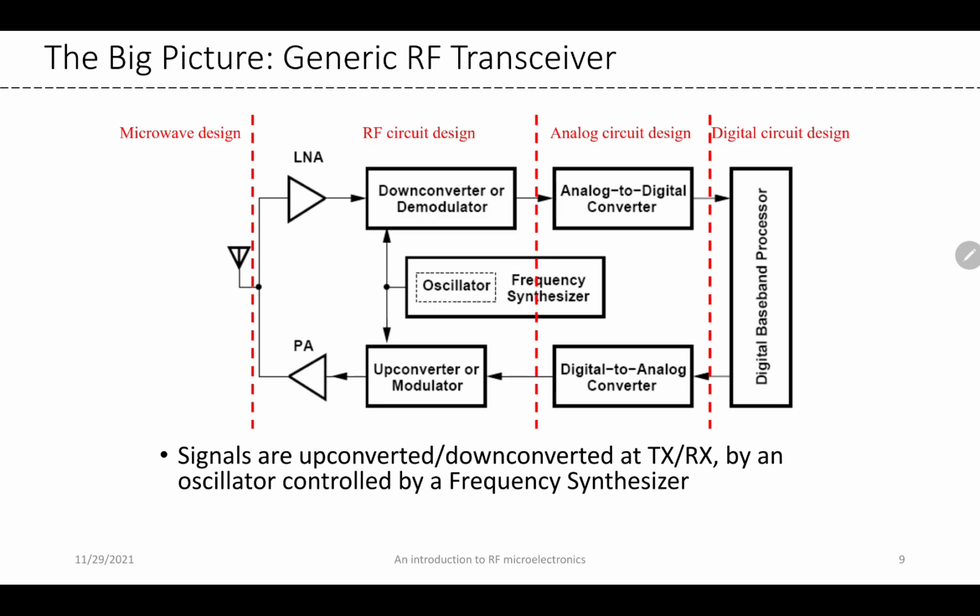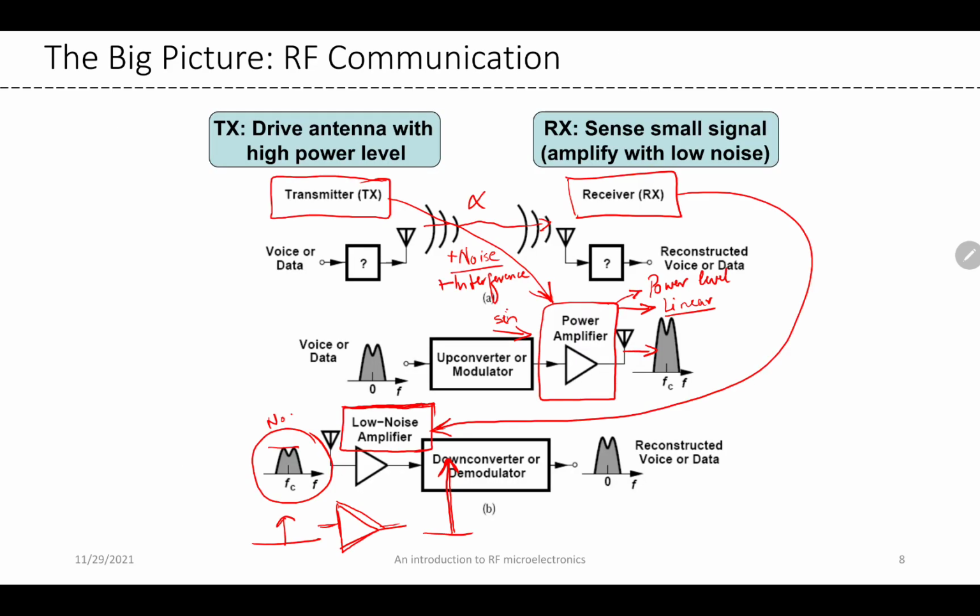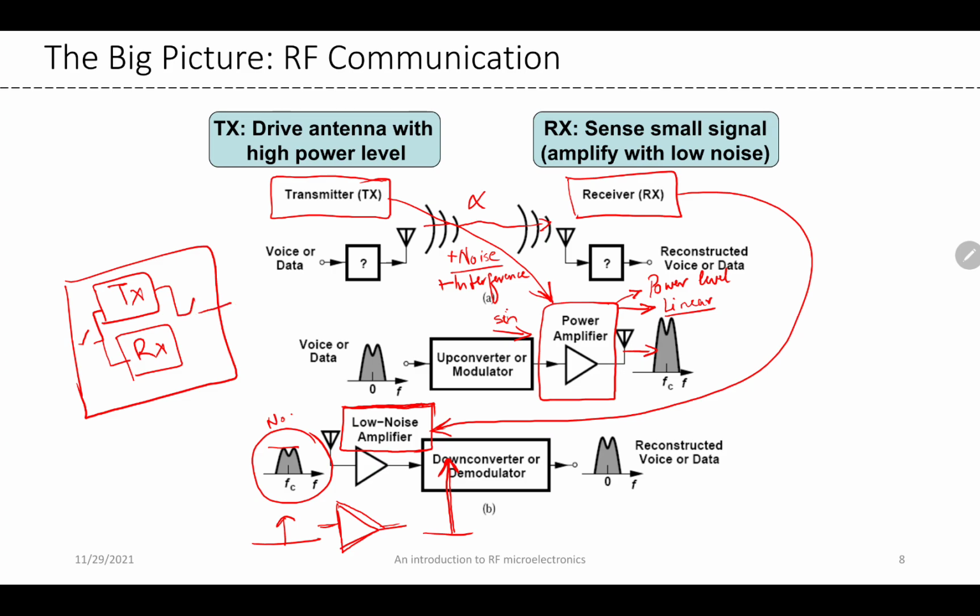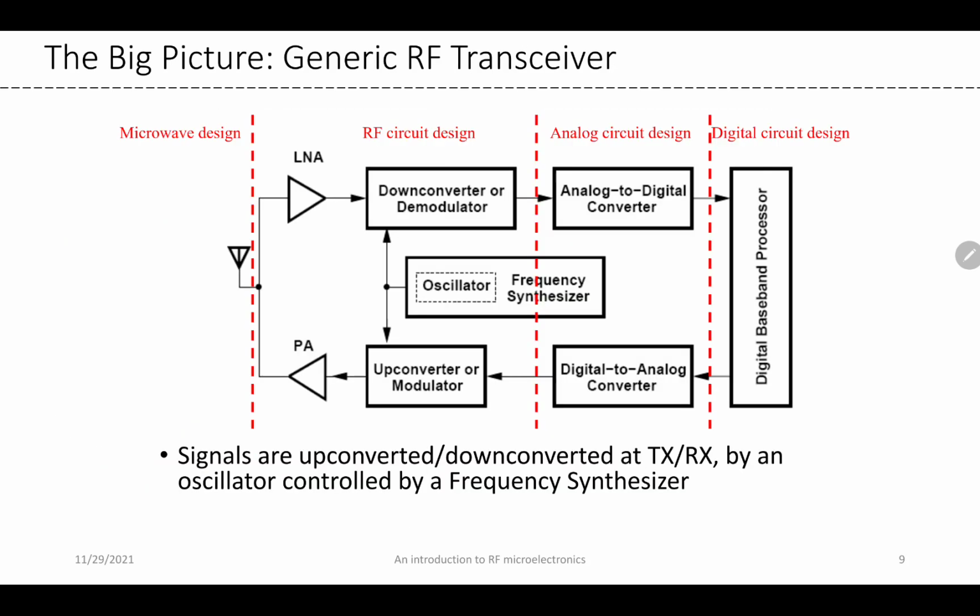So this is a typical RF transceiver. Like we mentioned, there are two key components, a transmitter and a receiver, and when you combine them in a system, you have a TX and an RX, and then maybe a switch which switches between the two. This entire system is called a transceiver. A transceiver has different components.